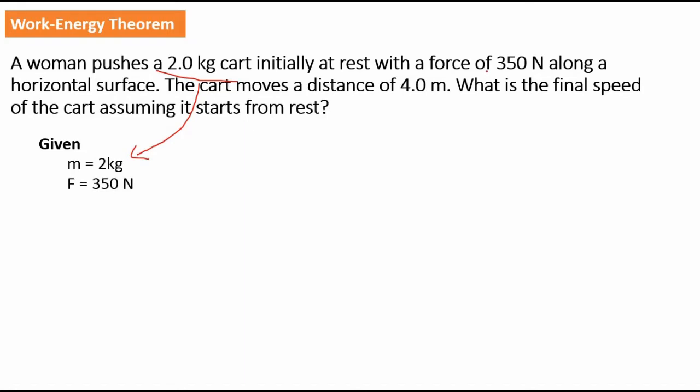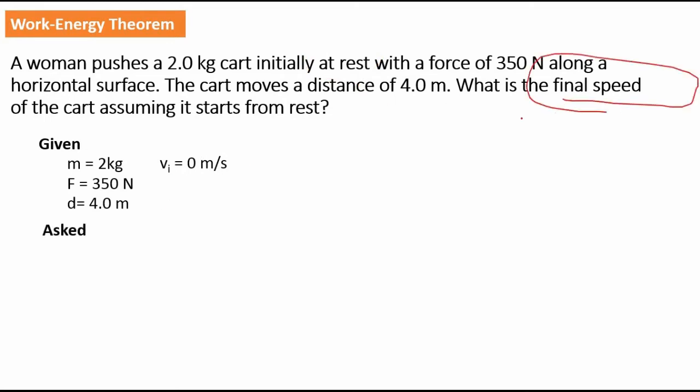And for the force, that's 350 Newton. Then the distance or displacement, that's 4 meters. And then we have to include here the initial velocity, which is 0 because it is at rest. Okay, and then let's go to what's being asked. What's being asked is the final speed or the final velocity.